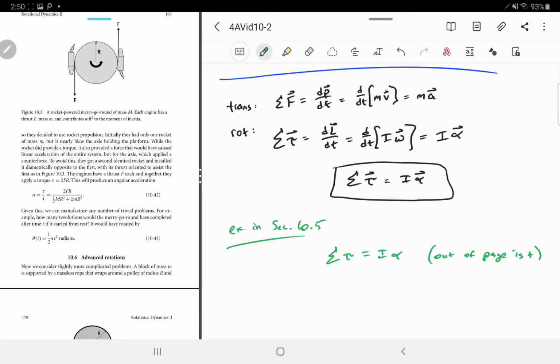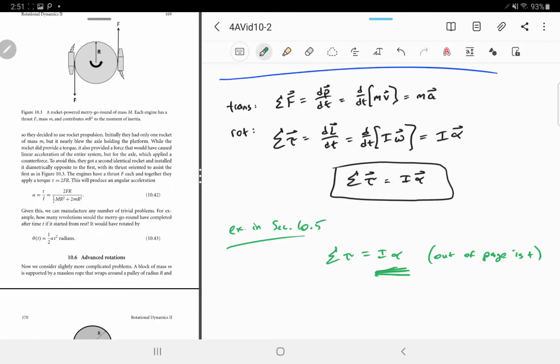So my vector equation just becomes looking at the components into or out of the page, and out of the page is positive. So if the net torque is out of the page and this thing starts from rest, it's going to angularly accelerate in the direction out of the page. And what that means is that the merry-go-round is going to go from rest to rotating counterclockwise.